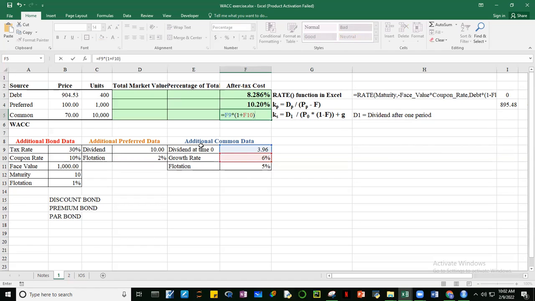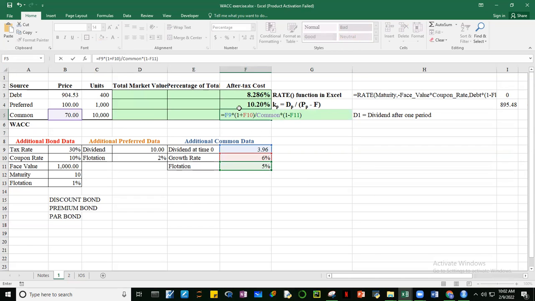This is dividend at time 0, 3.96, yung dividend ngayon, and the growth rate is expected to be 6%. Therefore, we let the dividend grow by 6%. Okay, and then divided by, what's the price of the common stock now? The price is at 70. Tapos, hindi niya makukuha lahat yan, because there's a flotation cost of 5%.